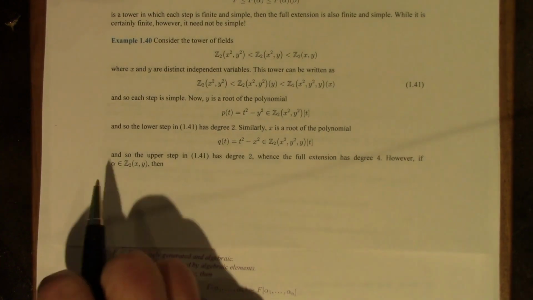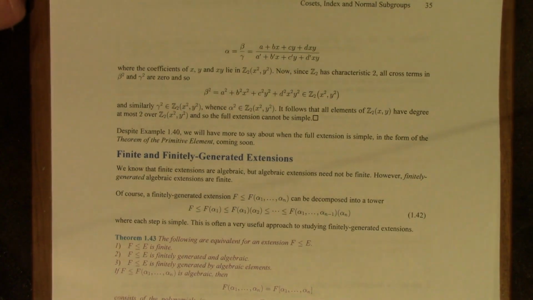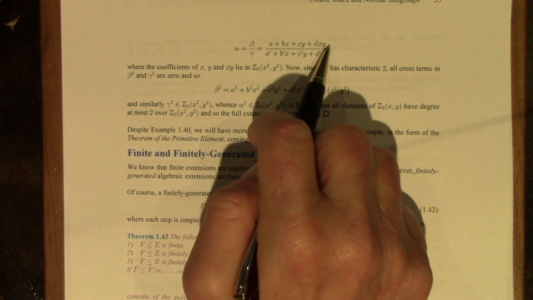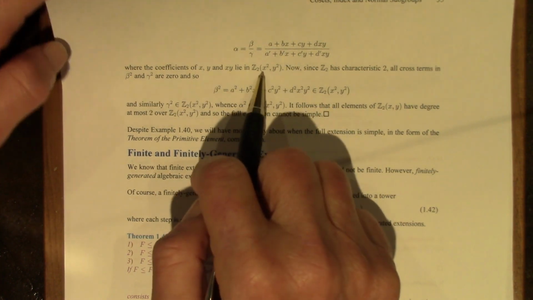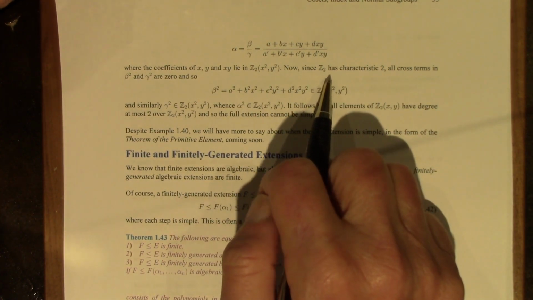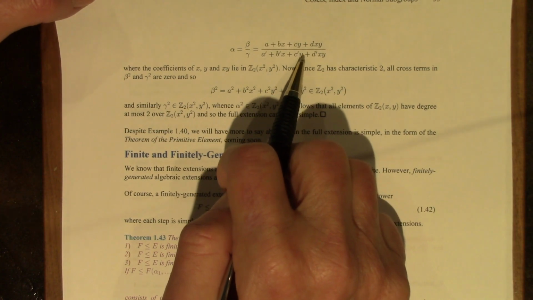But if alpha belongs to the big field, then it can be written as a rational expression in x and y, where the coefficients lie in the base field. And since Z2 has characteristic 2, if we square this, all the cross terms are multiples of 2.